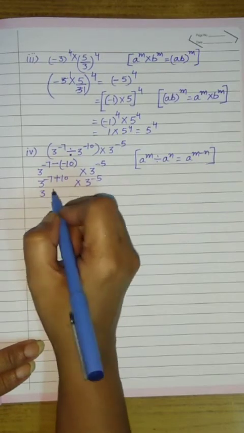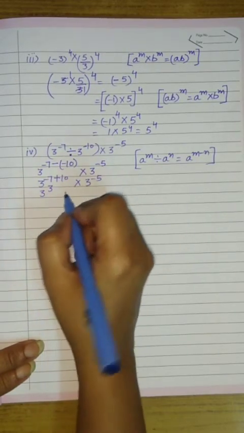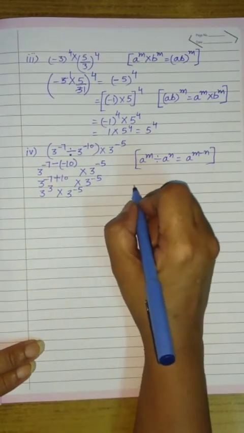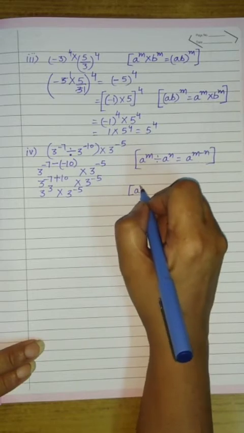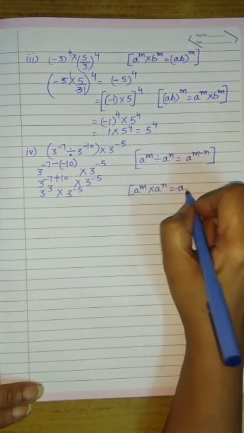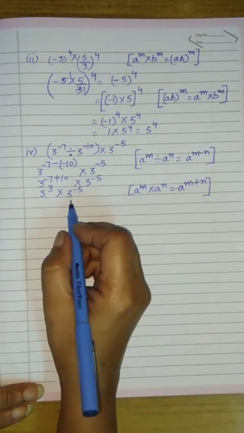Now 3 raised to power (-7 + 10) becomes 3^3 into 3^-5. Now at this step we are using a^m into a^n is equal to a^(m+n), because in both the terms bases are same.